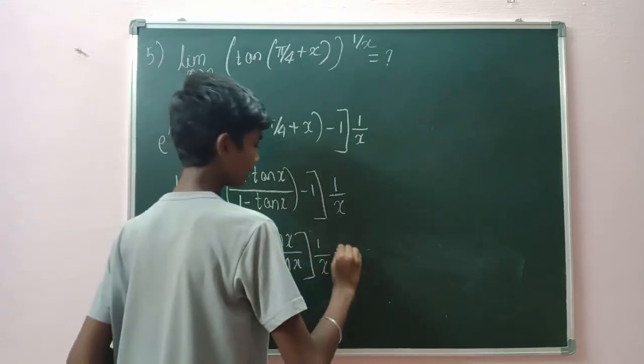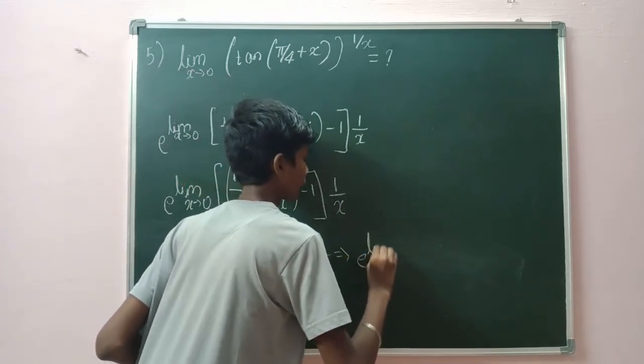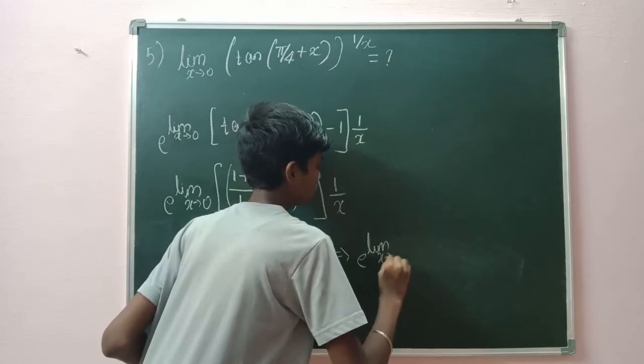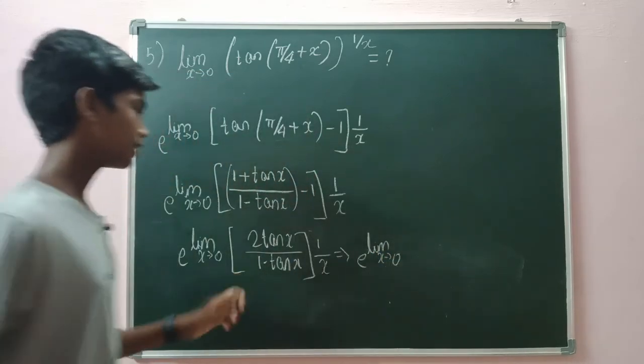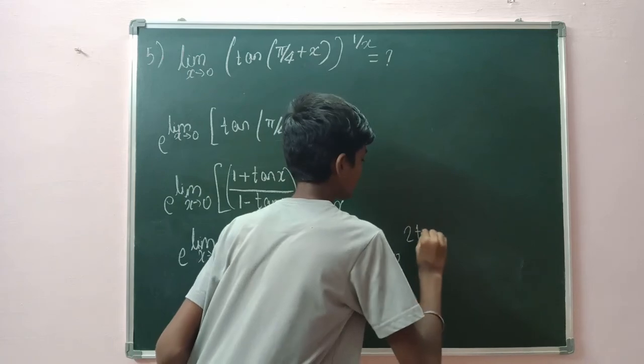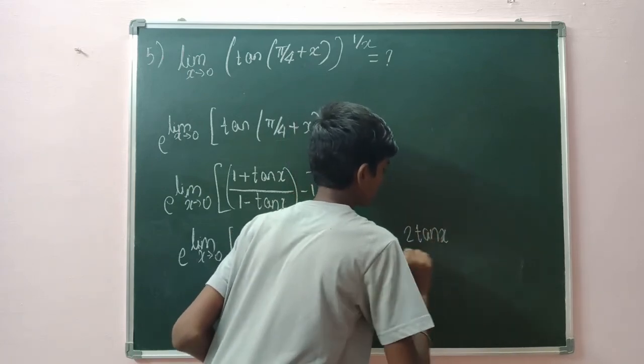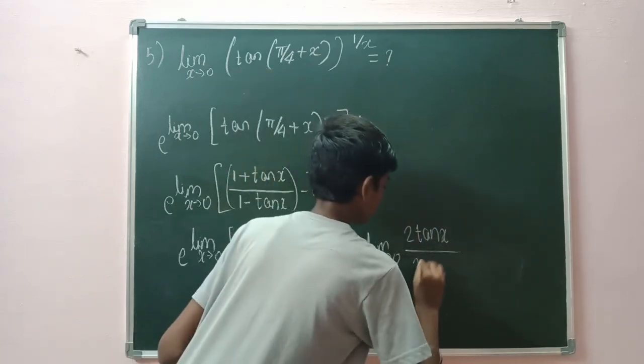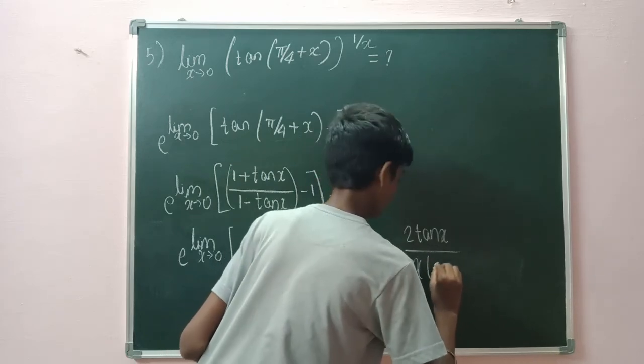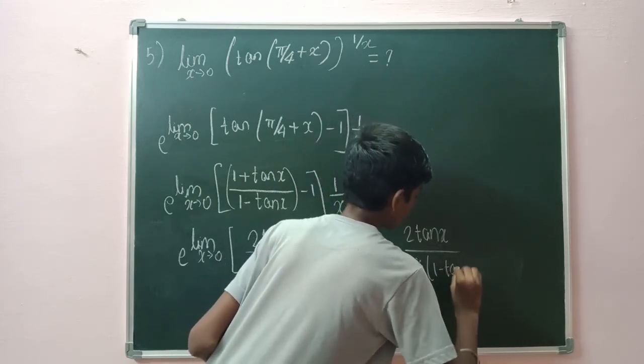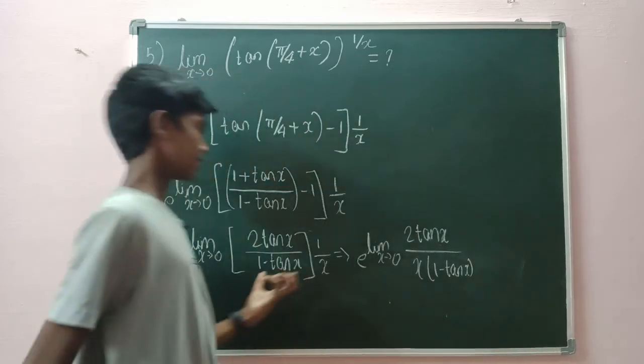Now I can write it as e power limit of x tends to 0 of, multiply 1 by x with the inside value, then we will get 2 tan x by x into 1 minus tan x. Correct? Just multiplying 1 by x with the inside value.